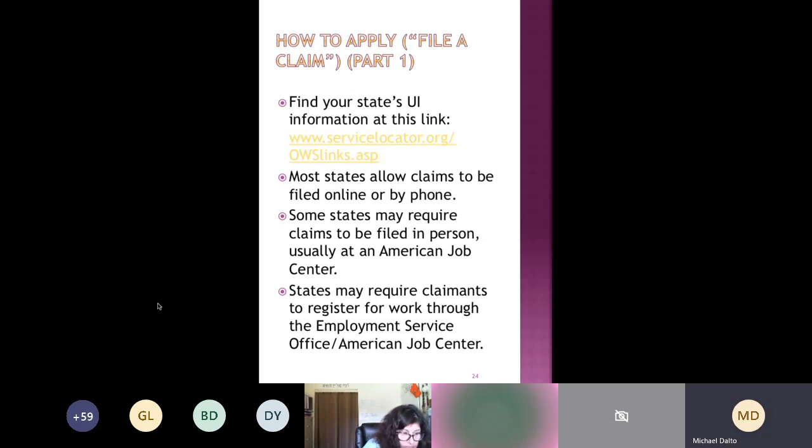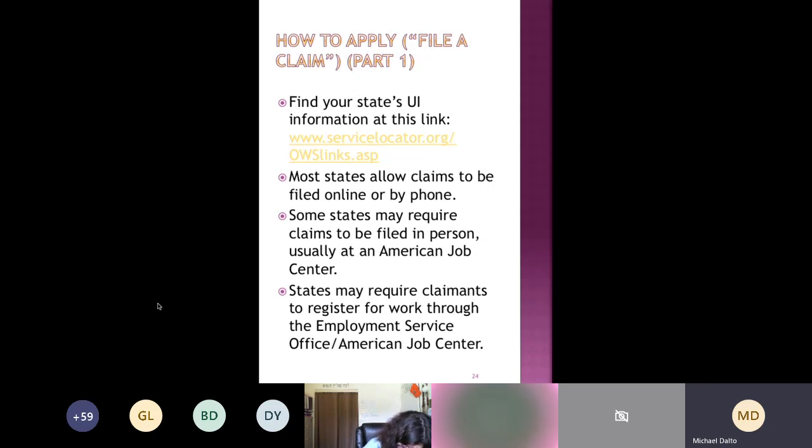Now, there are some states that might require a person to file a claim in person, usually at an American Job Center in regular times. I don't know what those states are doing, if they're hustling to get an online claim system set up, but I would hope they are. Now, most states do allow people to file claims online.